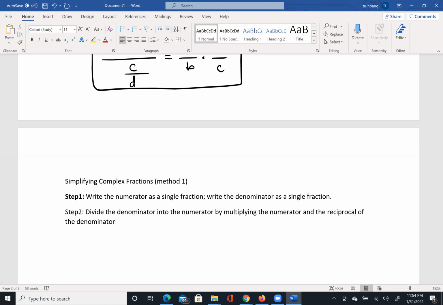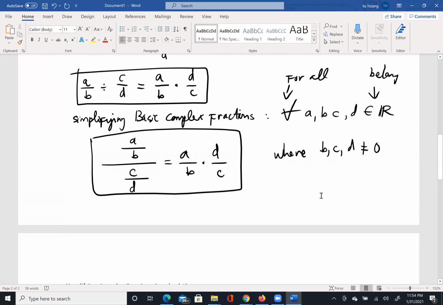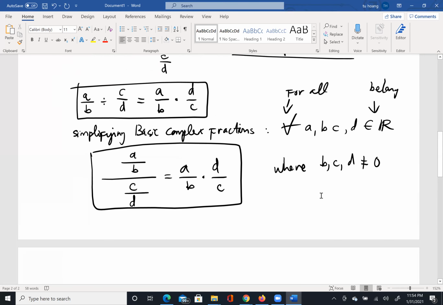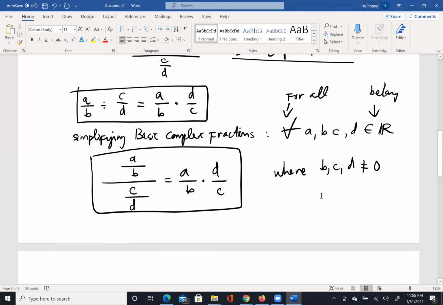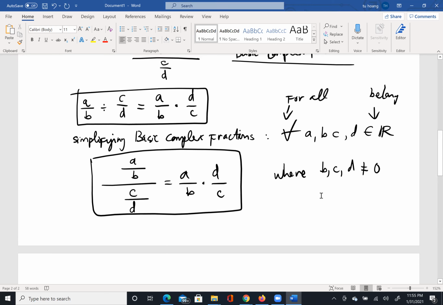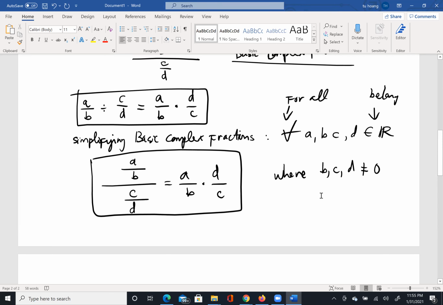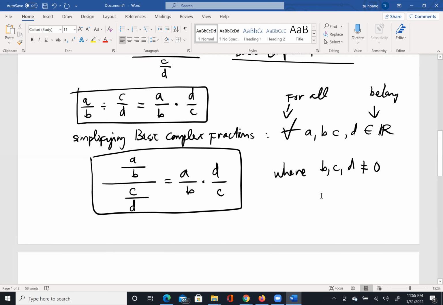Okay, so this is what we should do here, right? You should multiply the numerator and the reciprocal of the denominator.